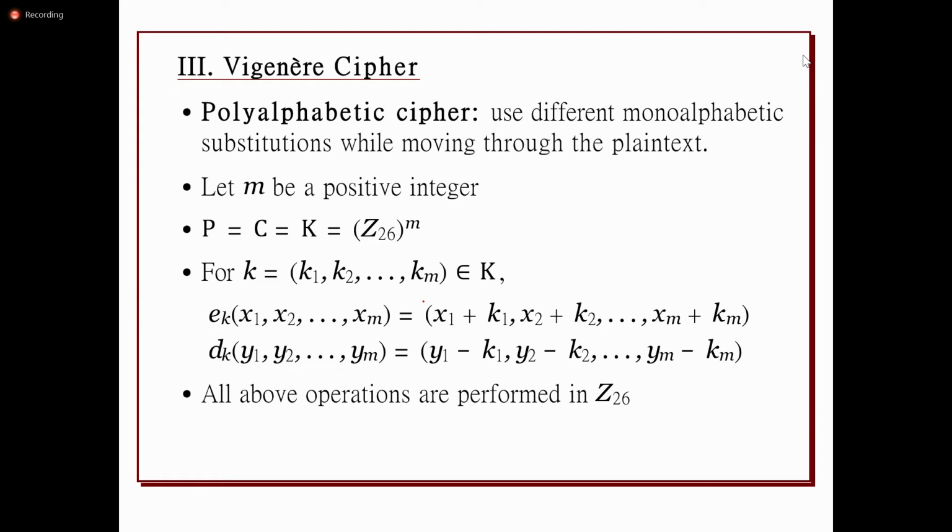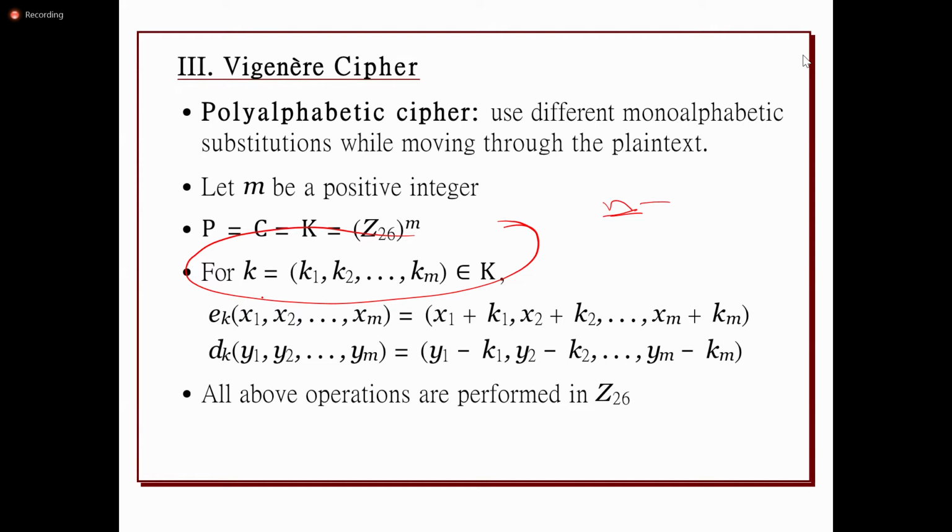So if the size of plain text is n alphabets, it will be divided into some blocks, and each block will be encrypted using the key. I mean, every block of the plain text should be encrypted.